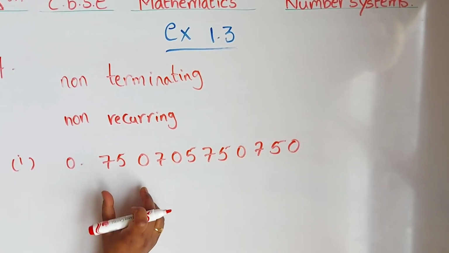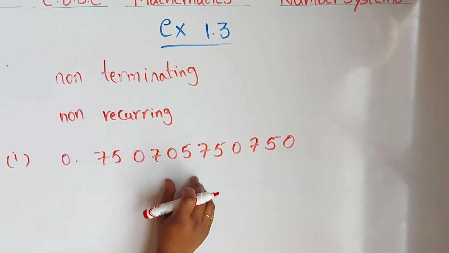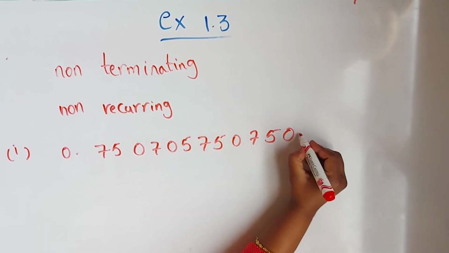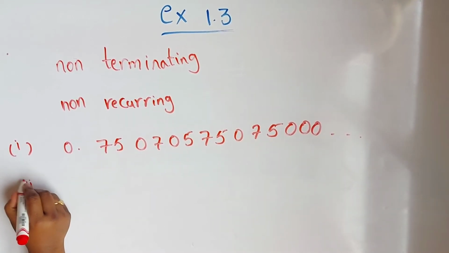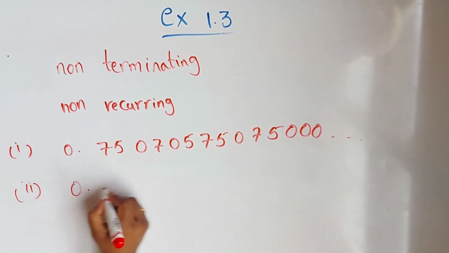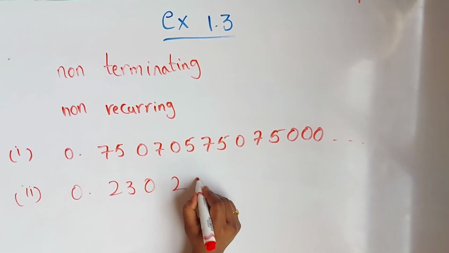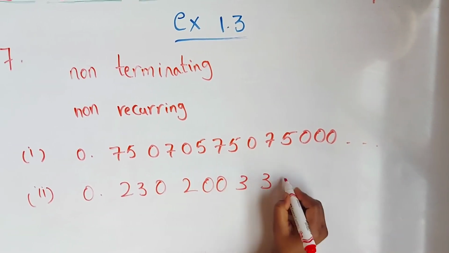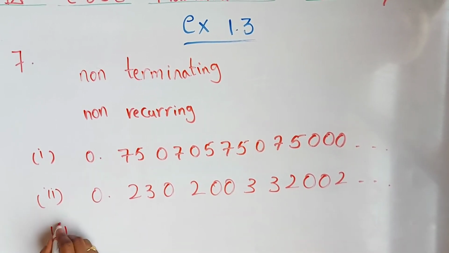0.750705750750. See, here 75 is the pattern, but it is not repeating. 0705077500, so on like that. And the second one, 0.23020003 and 32002, so on like that. Many we can write.